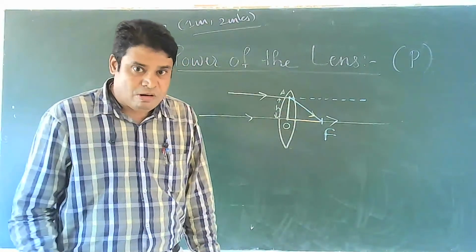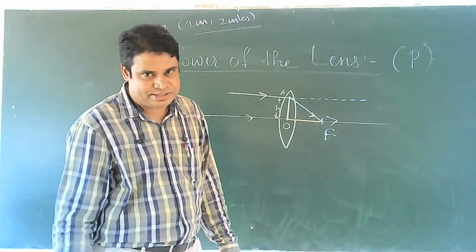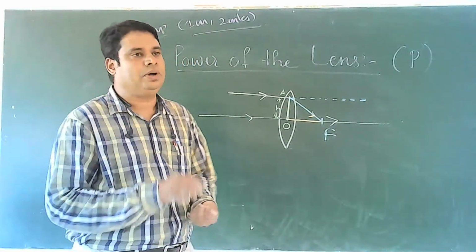If it were a concave lens, then we observe divergence of the light.